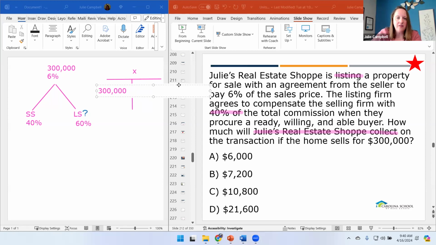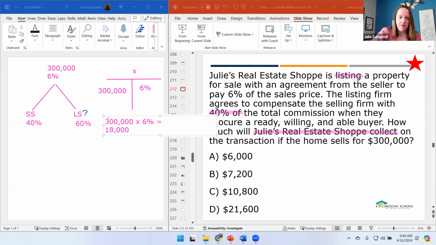So the first step is to take 300,000 times 6%, what the T-bar tells me to do, which gives me a total commission of $18,000. So step one is to find that total commission. Now that I know the total commission, I know that 60% is of the total commission.